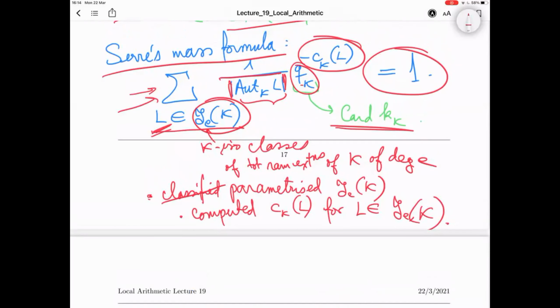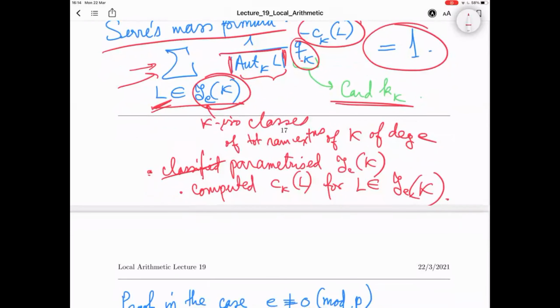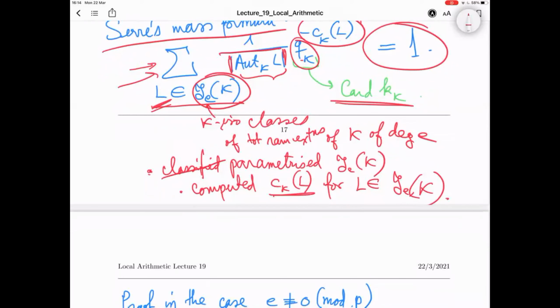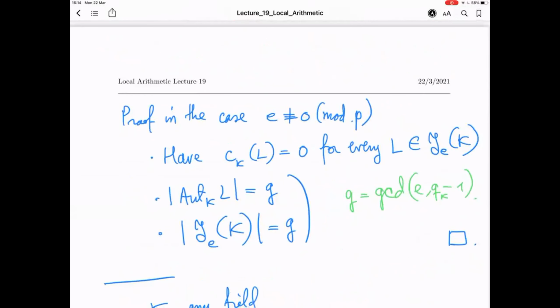We have computed not only CK of L, but we have also computed the automorphism group of L as well. So everything entering in this formula has been explicitly computed. So that is the proof, in fact.